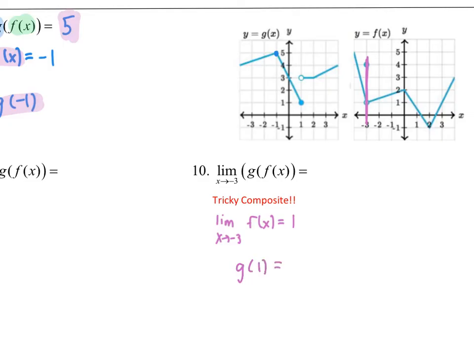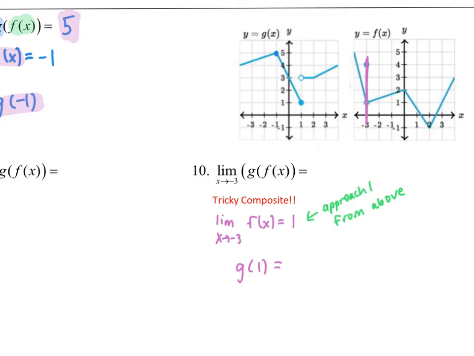And here's where the trickiness comes in, because if you look on function g, at 1, I'm not continuous. And a requirement to use this property was g had to be continuous at this value right here. So what that means is I can't use that property. But here's going to be our workaround. Because as I was approaching x equals -3, I'm approaching that y value of 1 from above 1, so from numbers greater than 1.